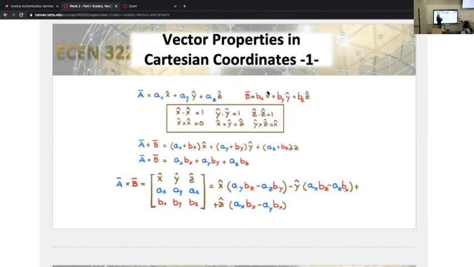We always move counterclockwise, all right? So if X is this one, Y is this one, I'm trying to reproduce the XY system, and Z is this one, then X cross Y gives Z. Y cross Z is going to give X. Z cross X is going to give Y.